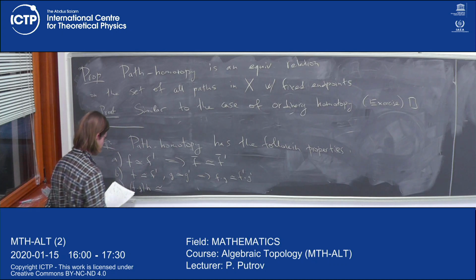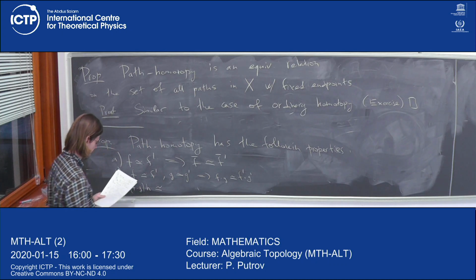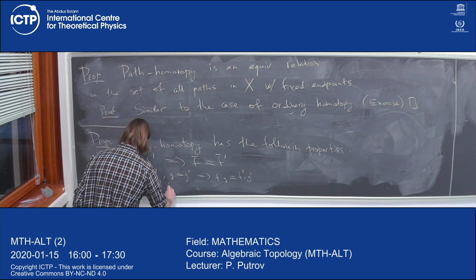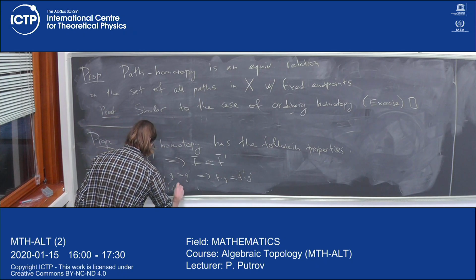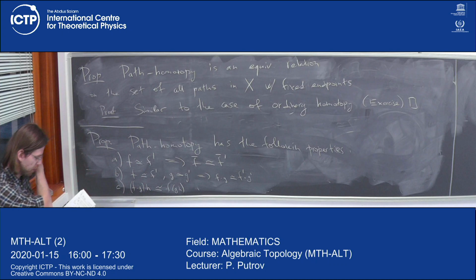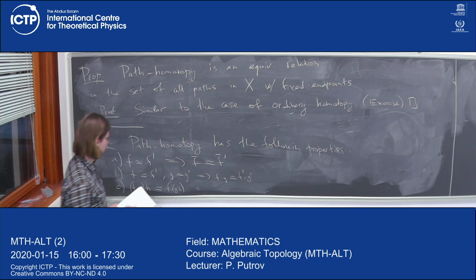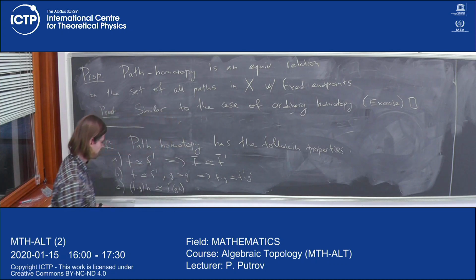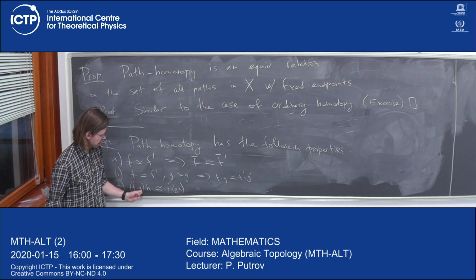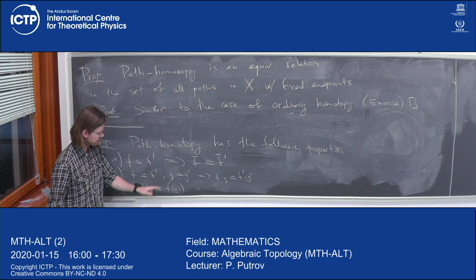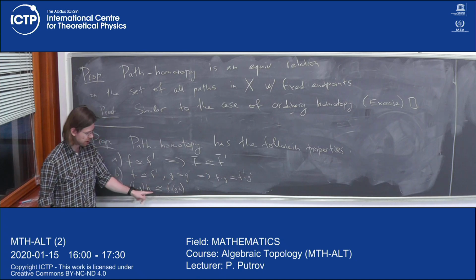The third property is some sort of associativity for compositions of paths. It is only associativity up to homotopy: it's not actually true that the compositions in these different orders are the same, but it's true up to homotopy.